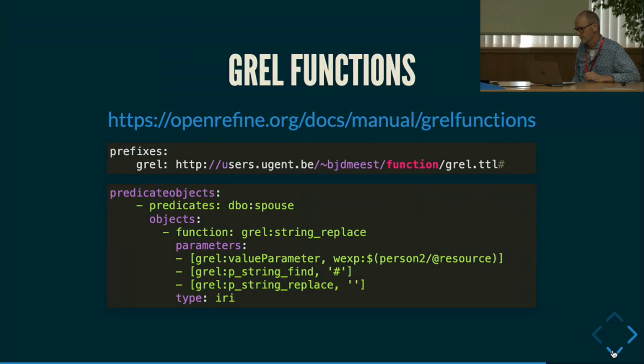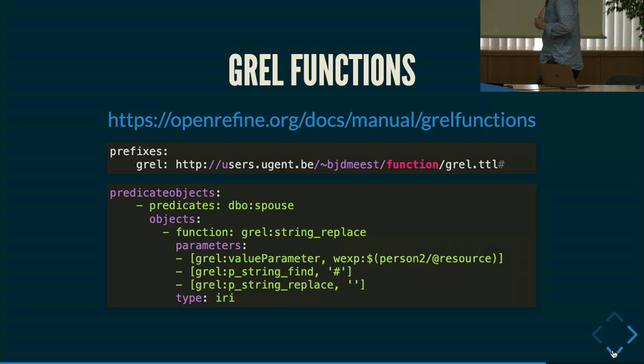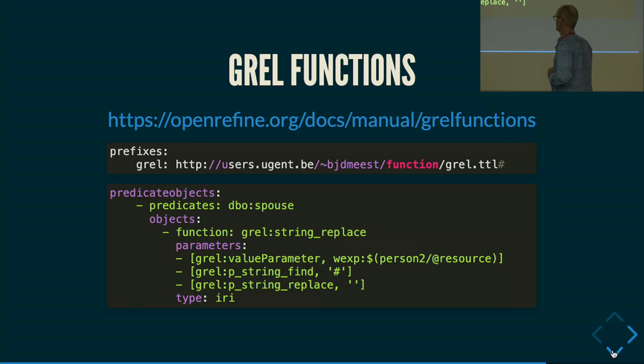And in addition to the basic functionality of XPath, you also have access to GREL functions. GREL functions are from the OpenRefine framework. Basically what you can do here is in your predicate objects, instead of an XPath, you can say you want to use a function.